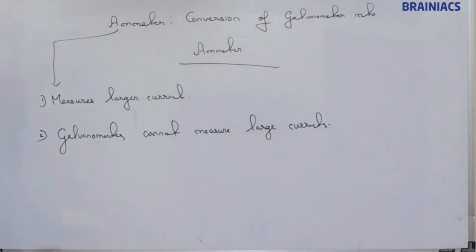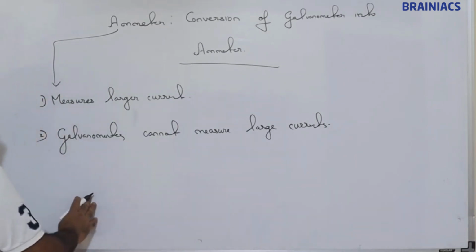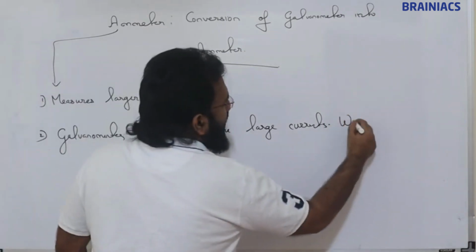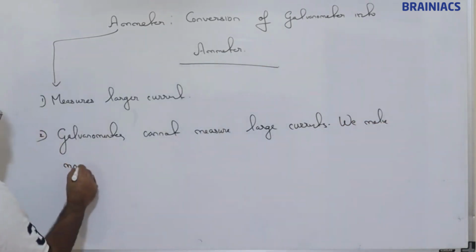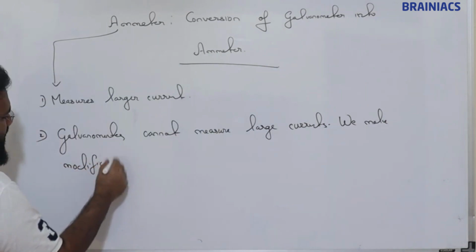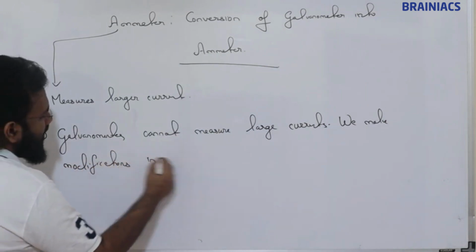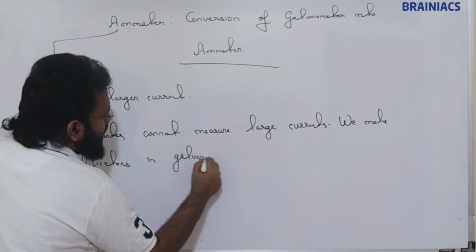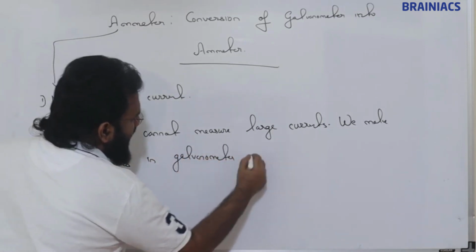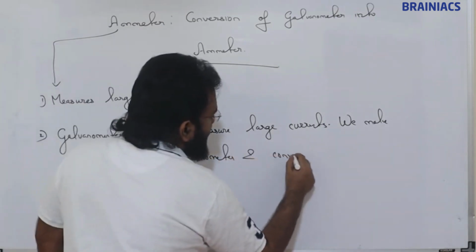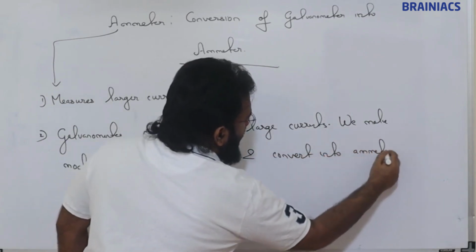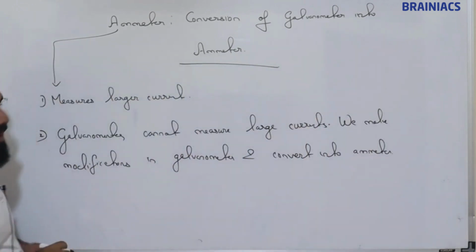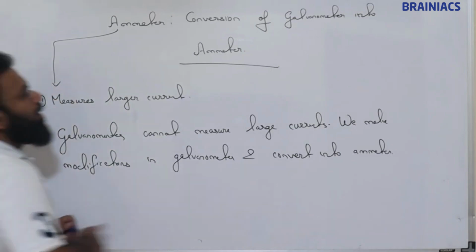So what we do is we make modifications in the galvanometer and convert it into an ammeter. How it is done? We'll see.